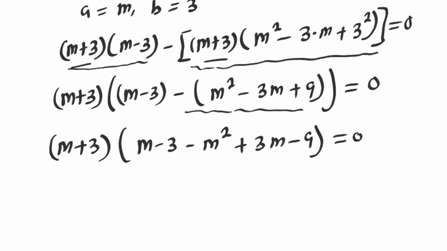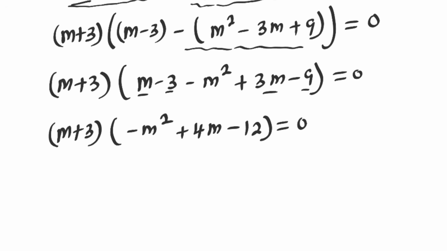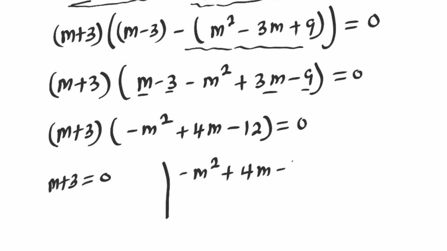And this is m plus 3 bracket we have minus m square, and this m plus 3m, that is plus 4m, then minus 3 minus 9, this is minus 12, is equal to 0. There are two cases here. The first case is m plus 3 is equal to 0, and the second case is minus m square plus 4m minus 12 is equal to 0.